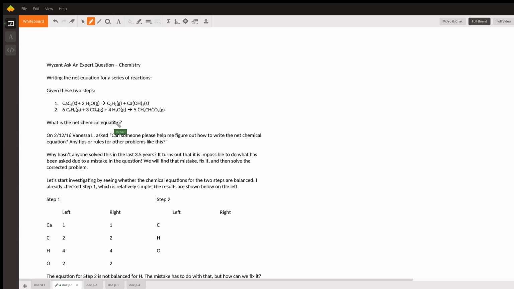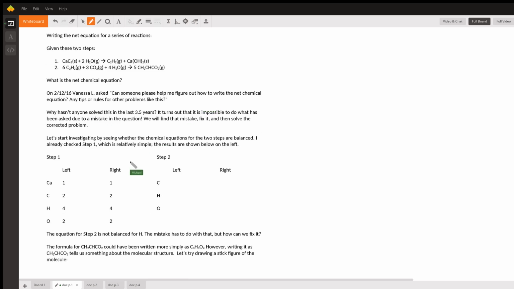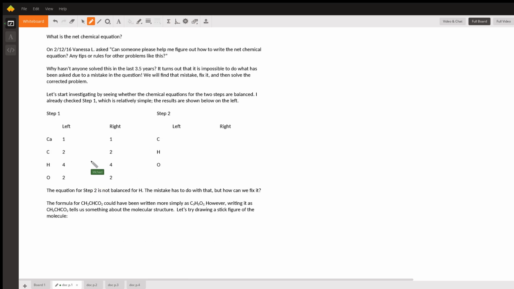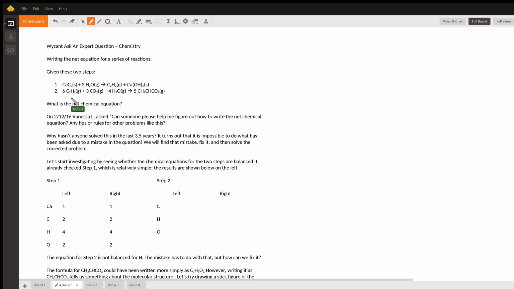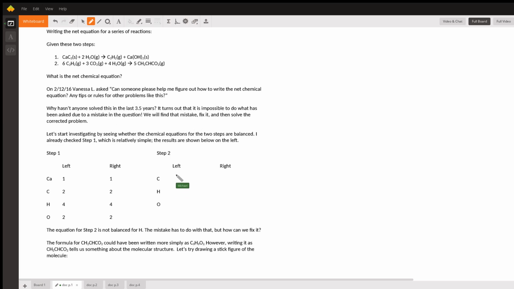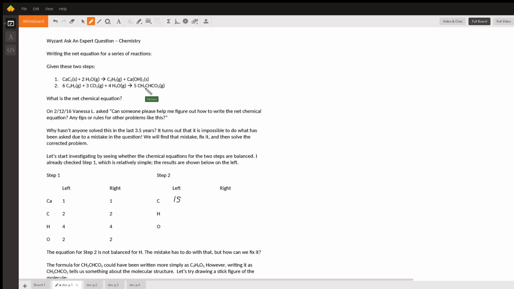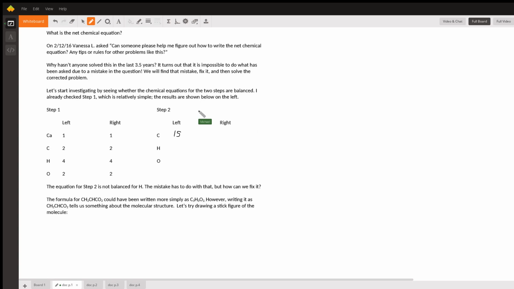So the first step is quite simple. I already took care of checking if the equation was balanced, but now let's look at the second step. So we have 6 times 2 is 12 carbons, plus 3 carbons is 15 on the left. And this formula is written in this funny way to try to tell you something about the structure of the molecules. There's 1 carbon, 2 carbons, 3 carbons, times 5 is 15.